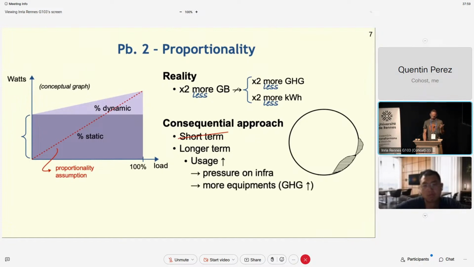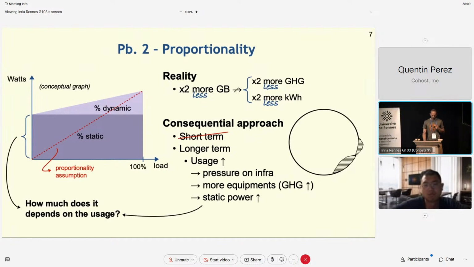So new equipment will be deployed, meaning additional manufacturing emissions, but also an increase of the overall static power consumptions. And this is precisely this relationship between the level of usage and the dimensioning of the infrastructures that we aim to better understand in this study.